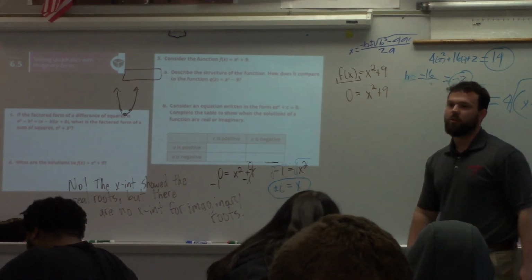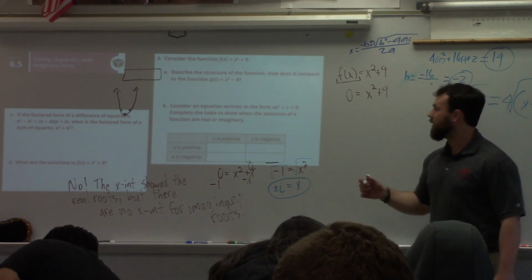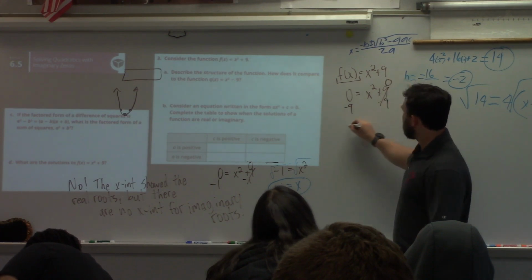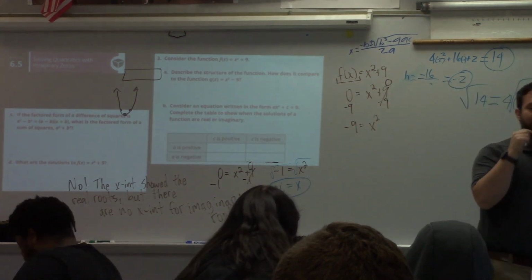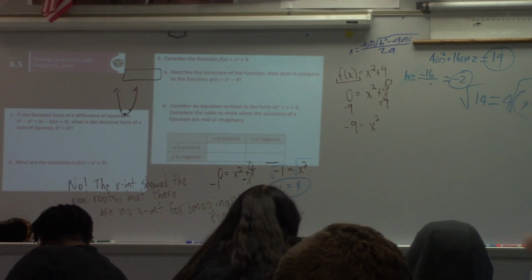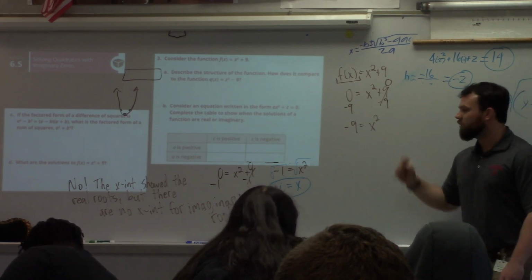What would I now do to solve that equation? Subtract 9. 9 minus 9 is 0, and so I'm left with negative 9 equals x squared. Remember before, did anything squared equal a negative? No. But now I have a number squared that equals a negative. What would I do to solve this equation?